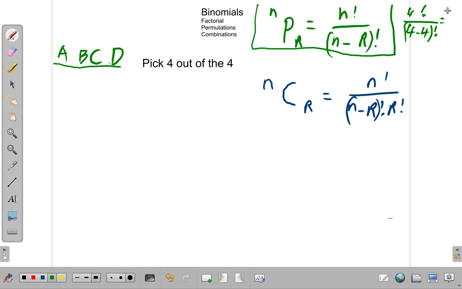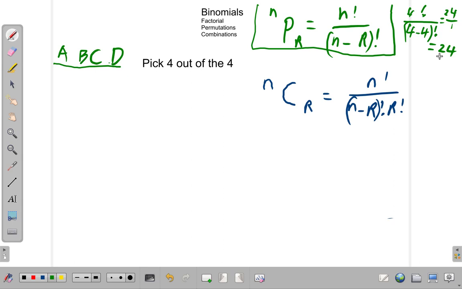That's 4 factorial, which is 4 times 3 is 12, 12 times 2 is 24. It would be 24 divided by 1, so the answer would be 24 arrangements. We've seen in a previous video where we arranged everything that there were 24 of them. But remember, we said that all 24 arrangements is just one combination if you consider that the order doesn't matter.